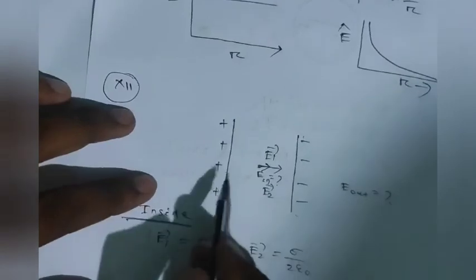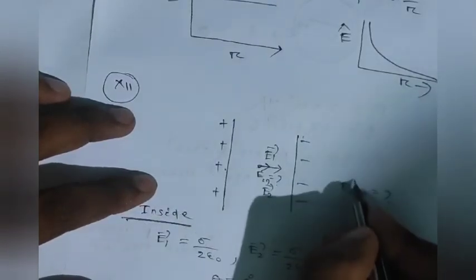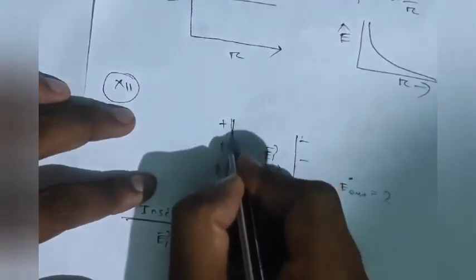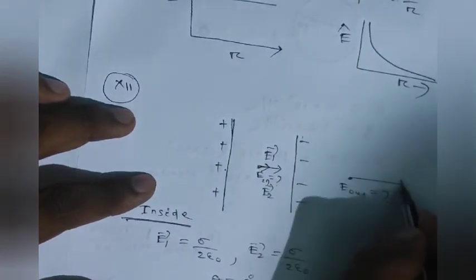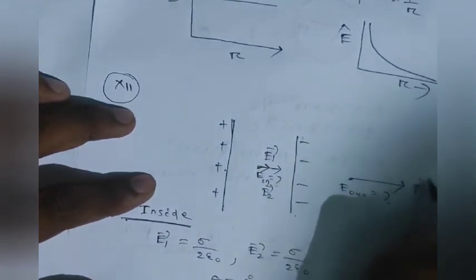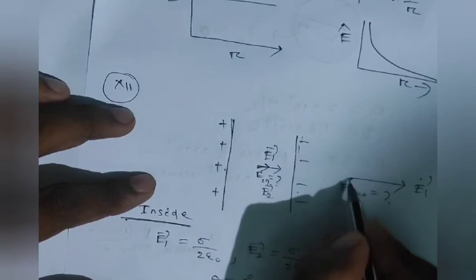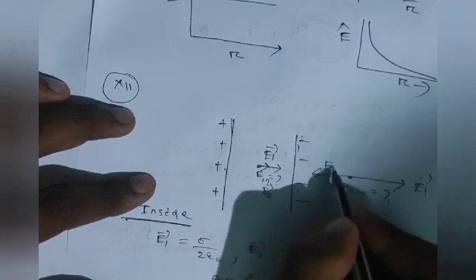Similarly, let us calculate outside the plane charge sheets. See in the diagram, the electric field due to the positive plane charge sheet will act along this direction, and due to the negative one the electric field will act along this direction.